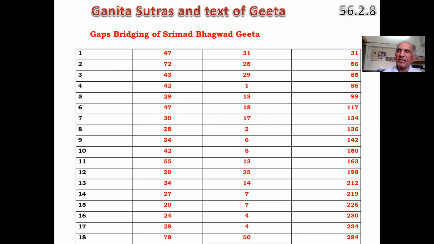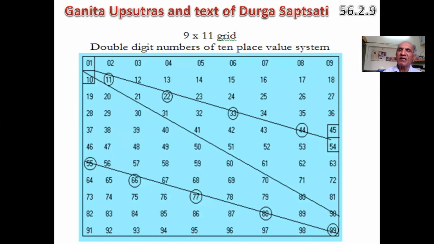The Srimad Bhagavad Gita text goes parallel with the values of Ganita Sutras, while Srimad Durga Saptasati goes parallel with the values of Ganita Upsutras.